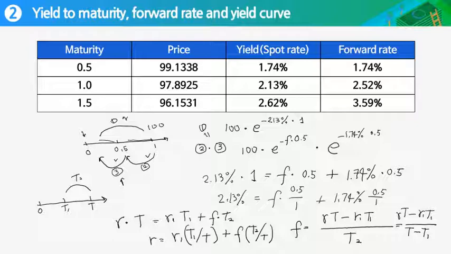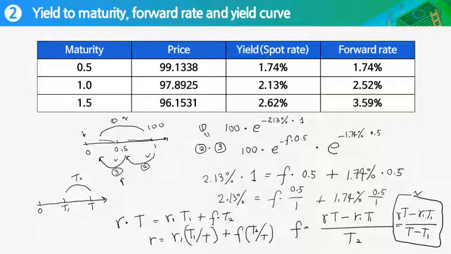When we learned in high school, this is the formula for external division of the segment. So therefore, we have a very interesting result that long-term yield or long-term spot rate is internal division of forward rate and short rate. And forward rate is basically external division between long-term rate and short-term rate.